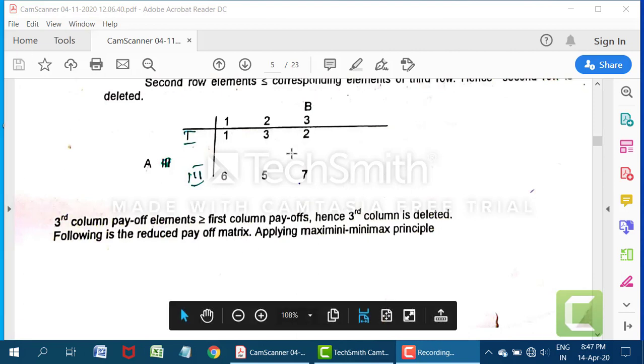Now from this, any column with lesser values will be dominating.